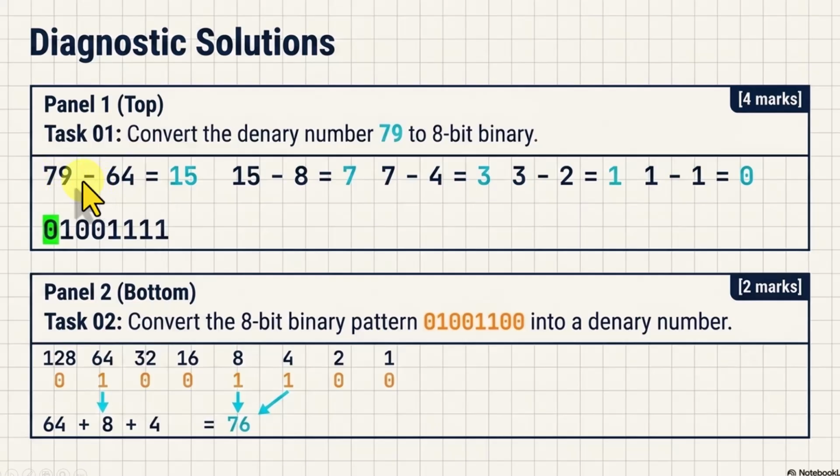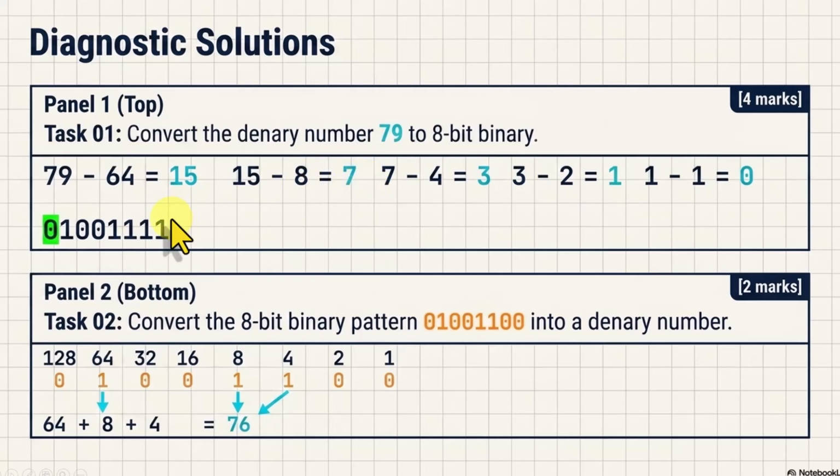79, so we cannot make 128, but 64, yeah, we can make. So the first one will be 0, 128 we cannot make. 79 minus 64, then we will have 15. We cannot make 32, we cannot make 16. Then we can make 8, so that is 1, 15 minus 8 will be 7.